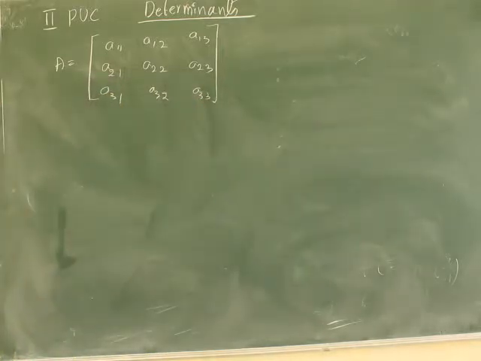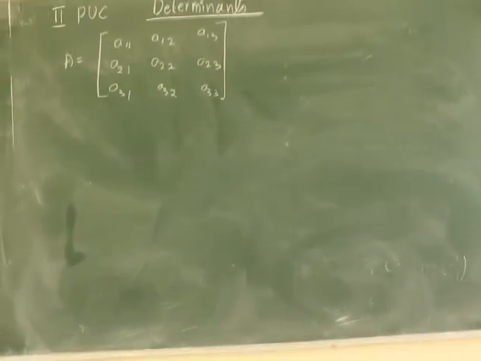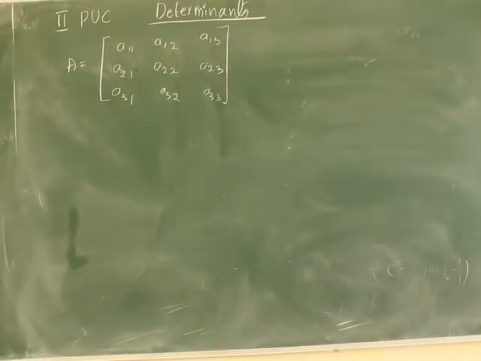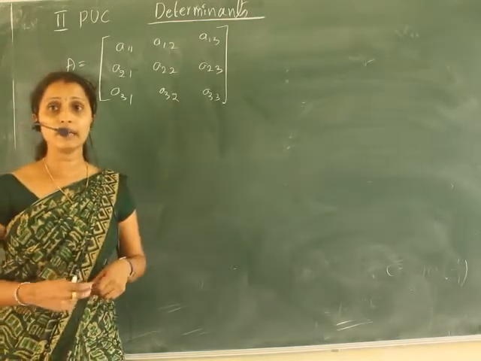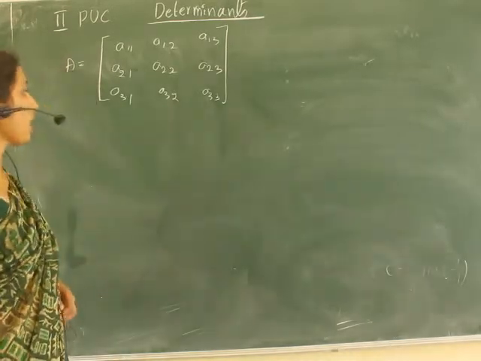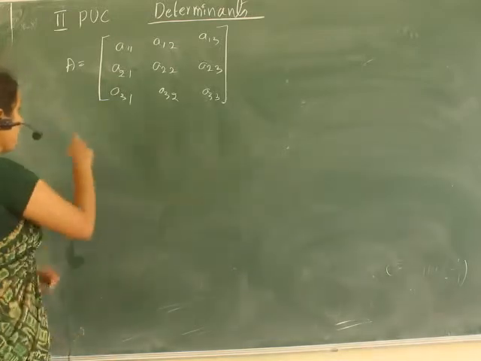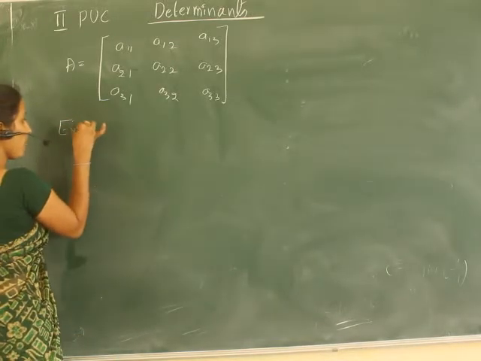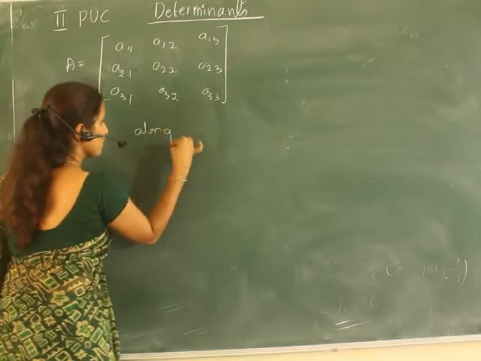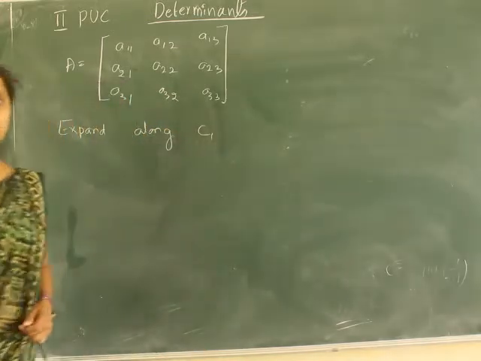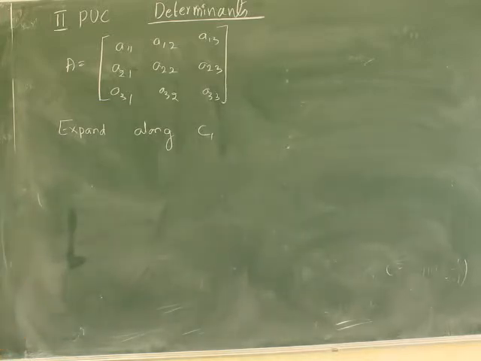How can we expand this along R1? R1 we have explained already. Now we are discussing R2 or C1. I'll expand along C1. So how to expand along C1?